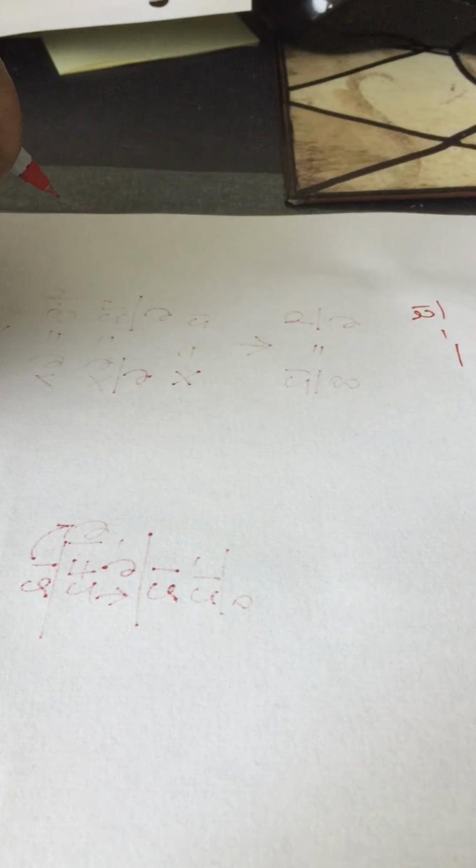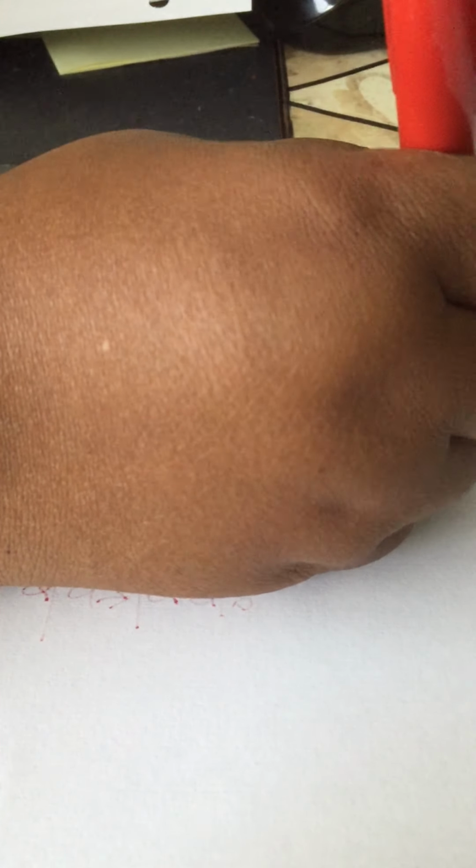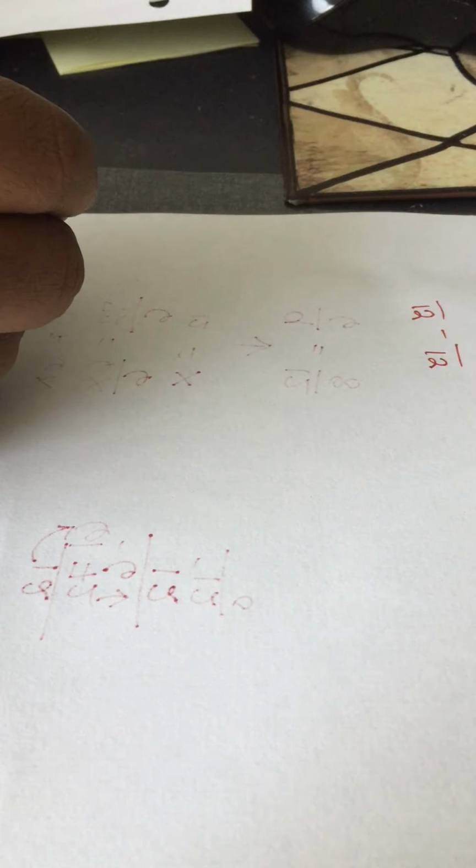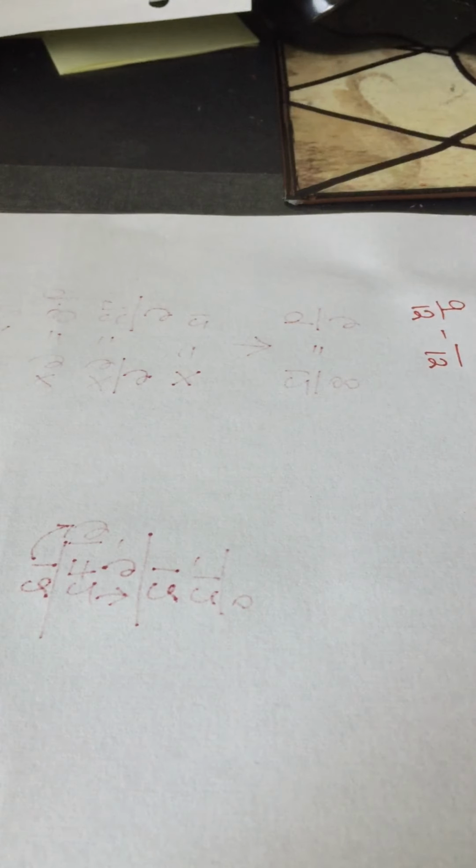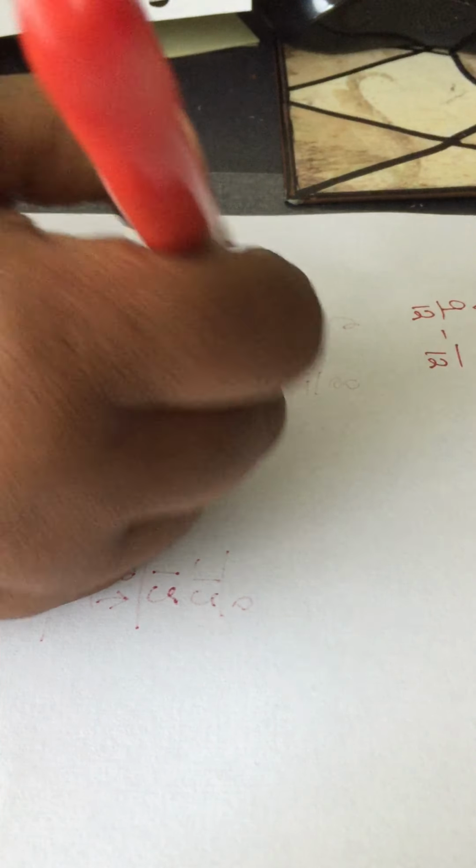Well, I know that 4 times 3 is 12. 4 goes into 12 3 times. 3 times 3 is 9. So that's the equivalent of 3/4. 3 will go into 12 4 times. 4 times 2 is 8.